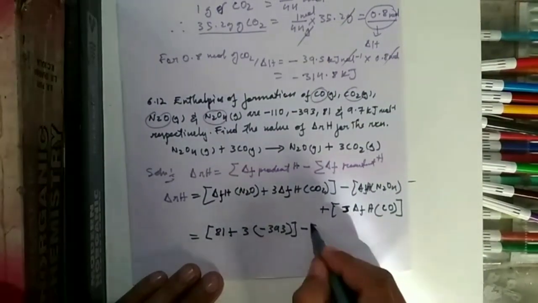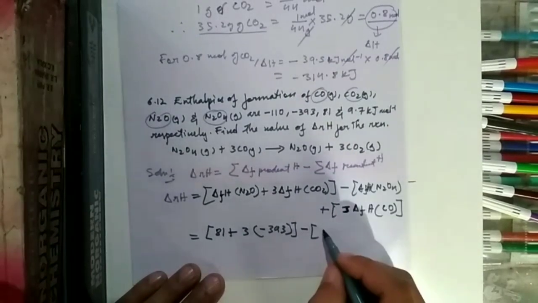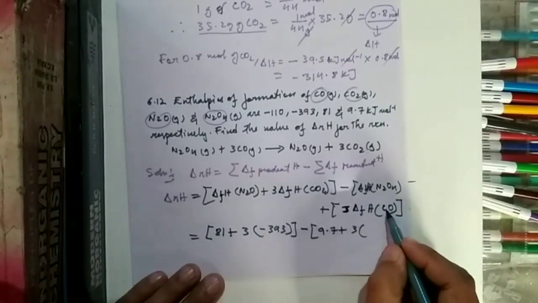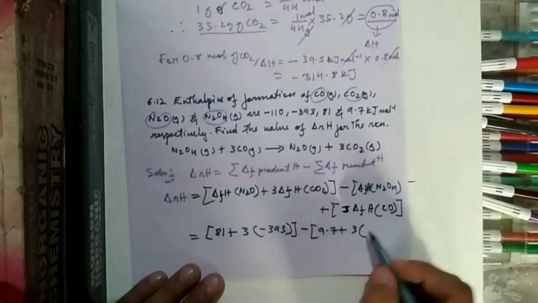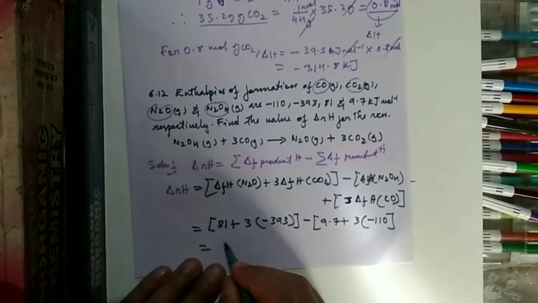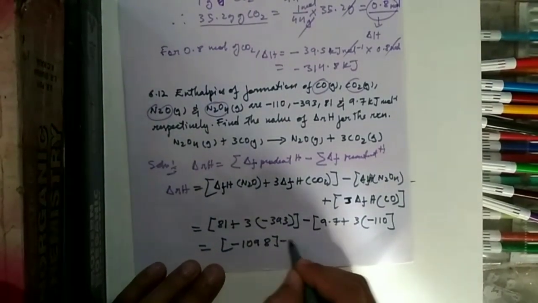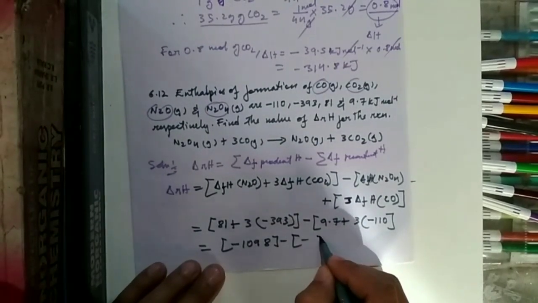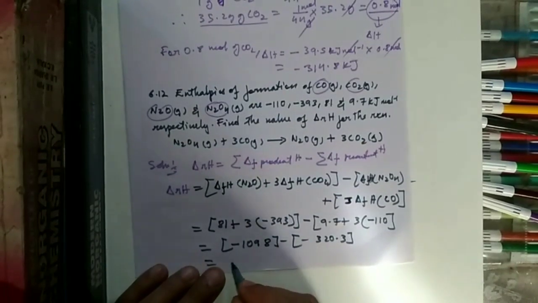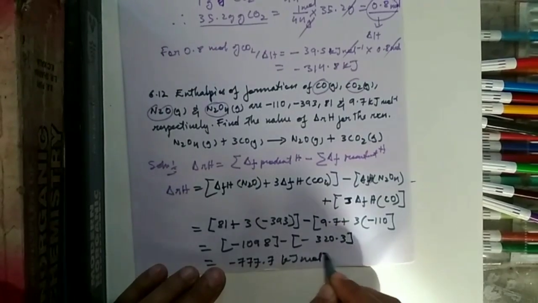Now for this one, N2O4 is given 9.7 plus 3 into CO is minus 110. So if you calculate, it will give you 1098 minus 320.3. So finally your answer will be minus 77.7 kilojoule per mole.